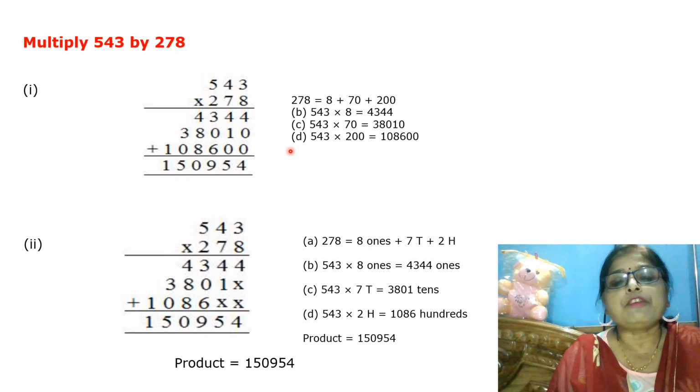And then 543 multiplied by 200, that is 1,08,600. Now after adding, we get 1,50,954. You can also write it in this way, and here the product is also the same, that is 1,50,954.